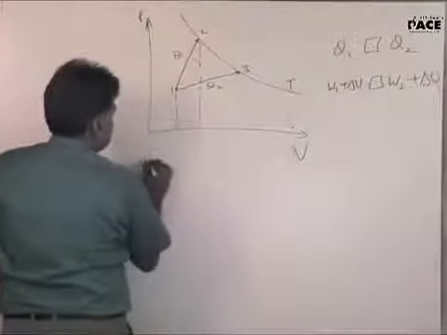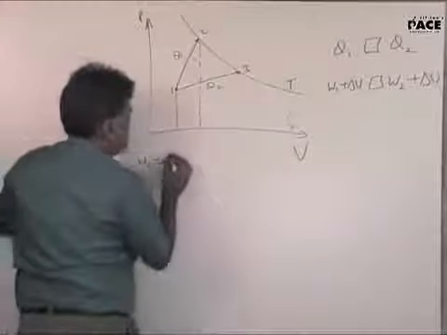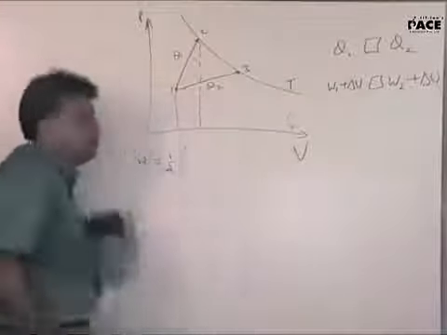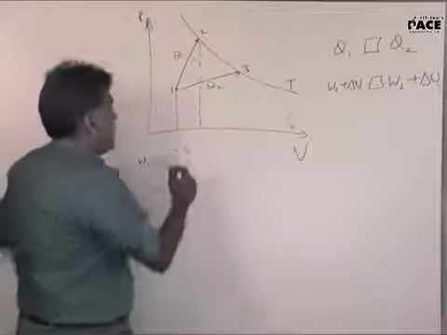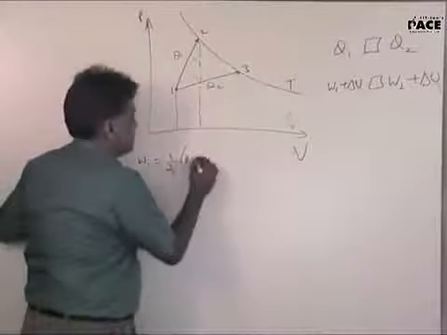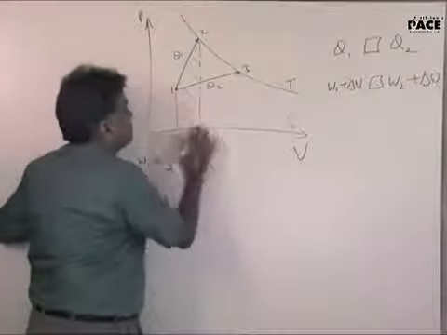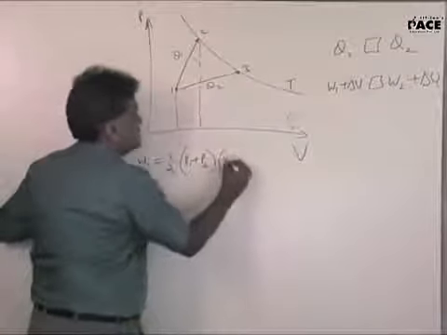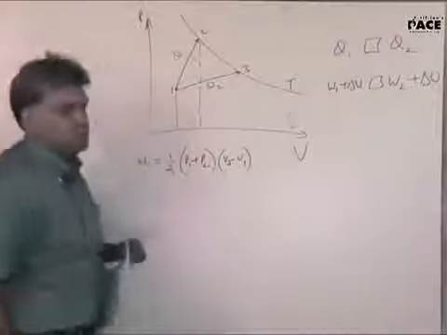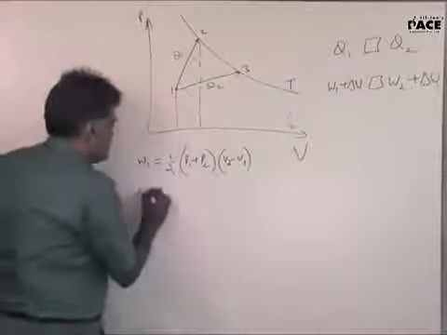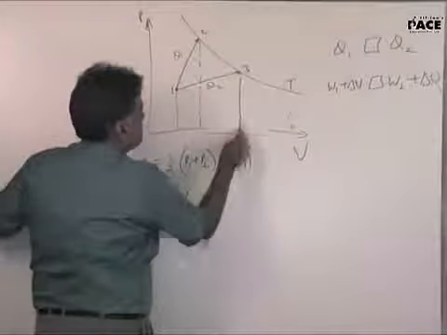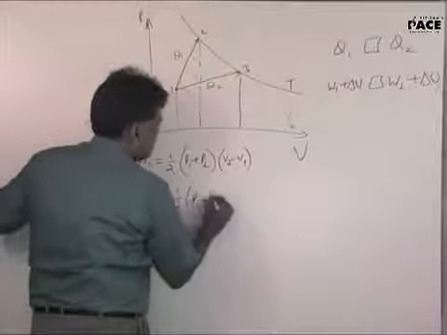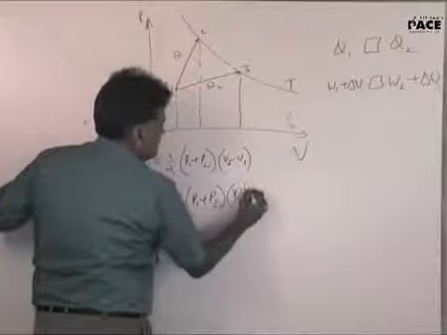What is W1? W1 is equal to half into the sum of the parallel sides into the height between them, which is V2 minus V1, the area of a trapezium. Likewise, W2 will be half into the sum of the parallel sides, P1 plus P3, into V3 minus V1.